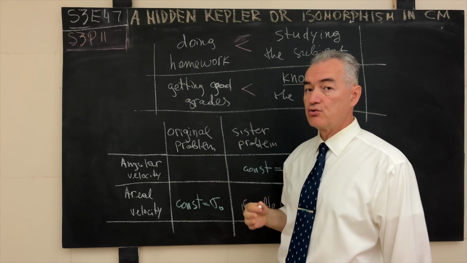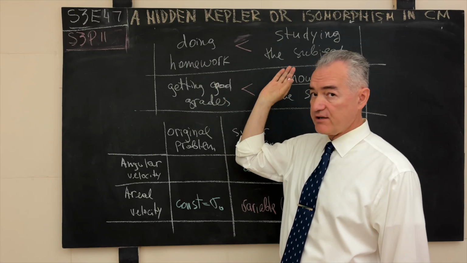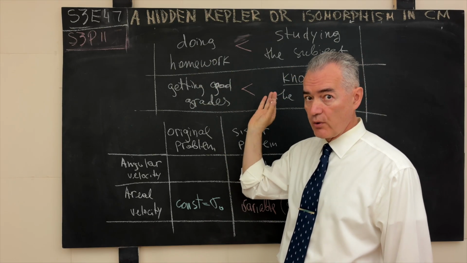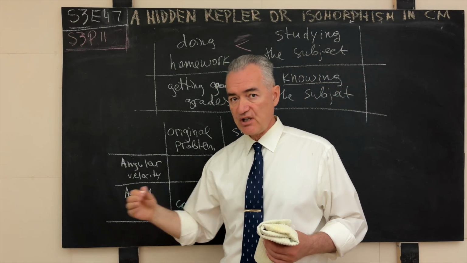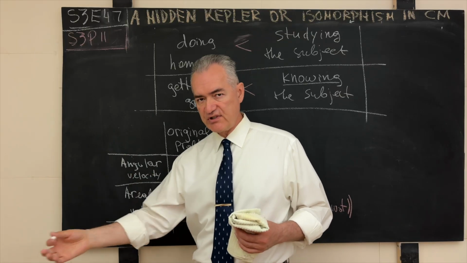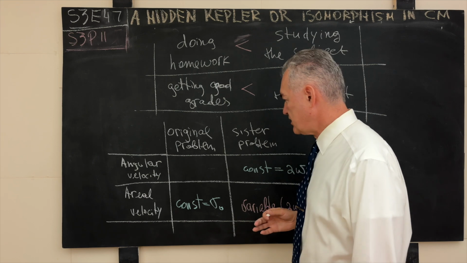So the point is, in order to somehow equate doing homework with studying the subject and getting good grades with knowing the subject, you need to start asking questions by yourself, show initiative, show improvisation, and step further. So in this case, we do precisely that.